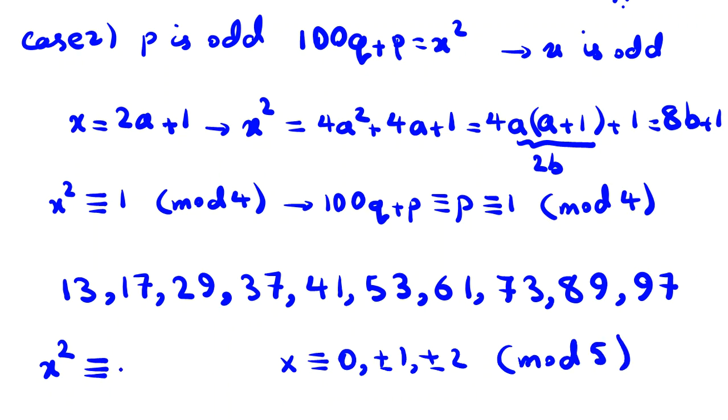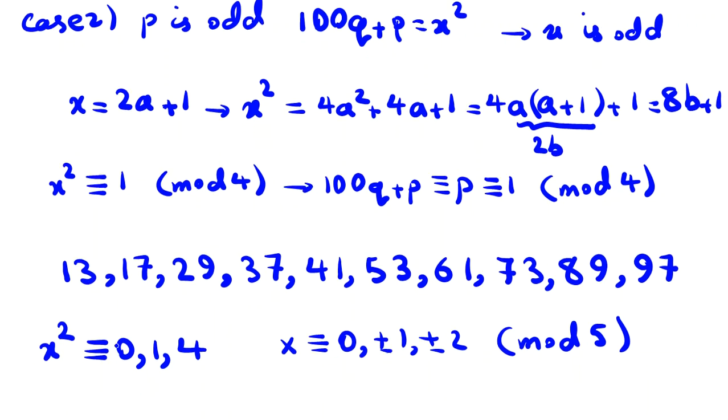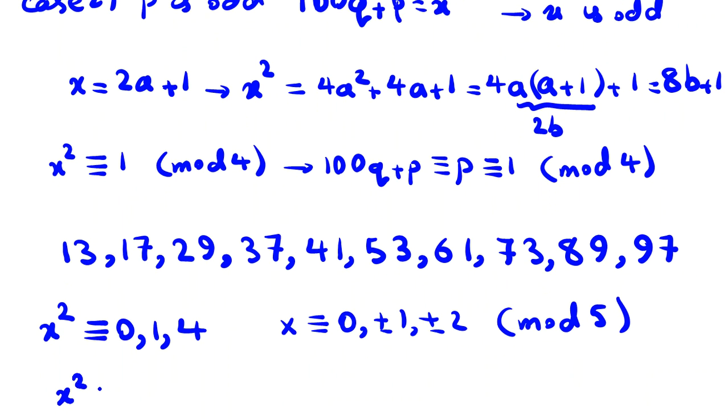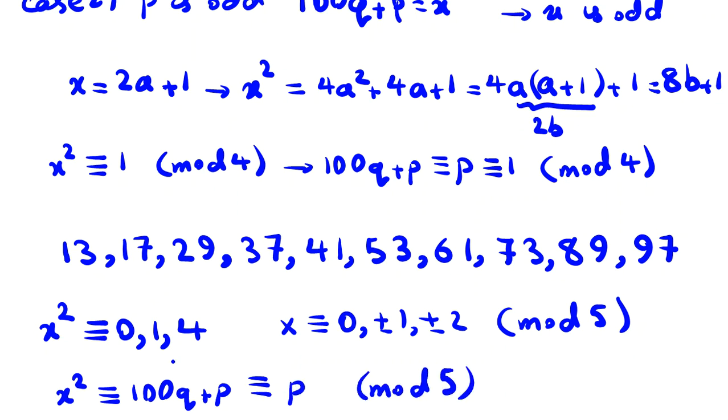If we consider a perfect square, it can be only 0, 1, or 4 mod 5. Why? Because x squared is 100q plus p, and mod 5 it will be p, because 100 is a multiple of 5. So we know that p can only be 0, 1, or 4 mod 5.